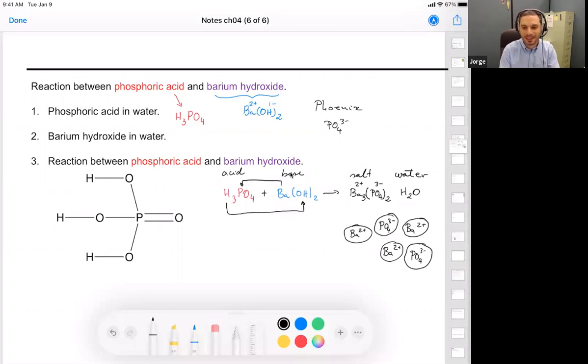That will indicate that we have two phosphate groups in the structure. And of course, the name of the salt, barium. And then when we have an oxo anion, that is phosphate, ATE at the end. Therefore, Ba3(PO4)2, barium phosphate.